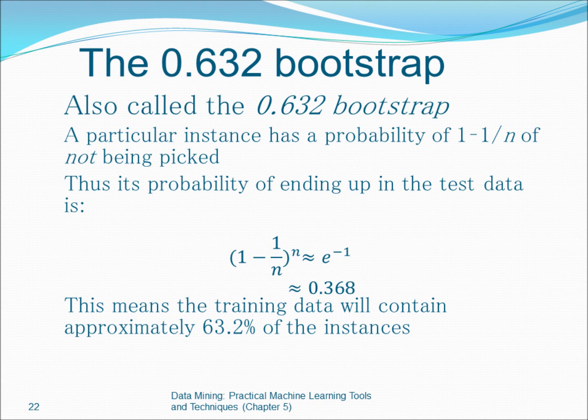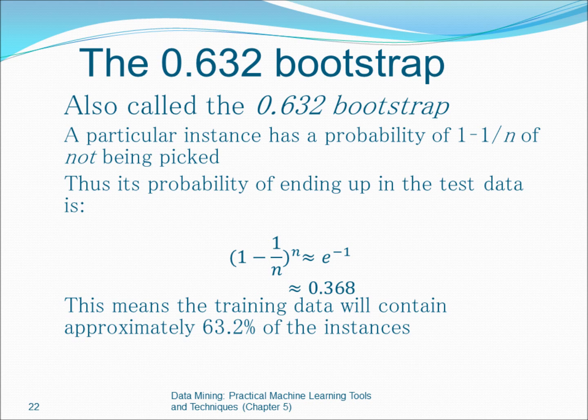Why 33%, 36%? That's just a mathematical formula. Because of the repeating process, if you fail to be picked in n times, it's a number. When n is big, that's e.